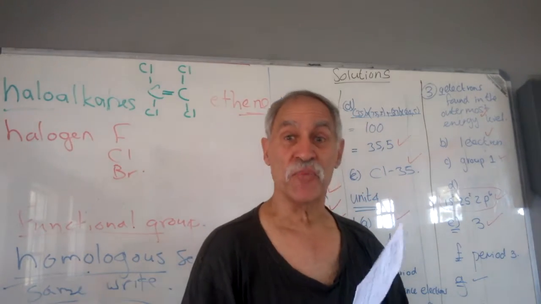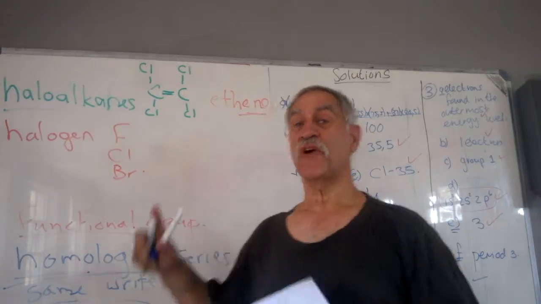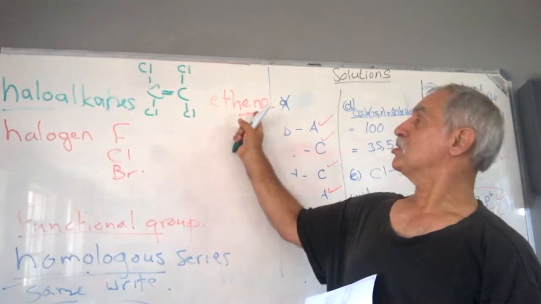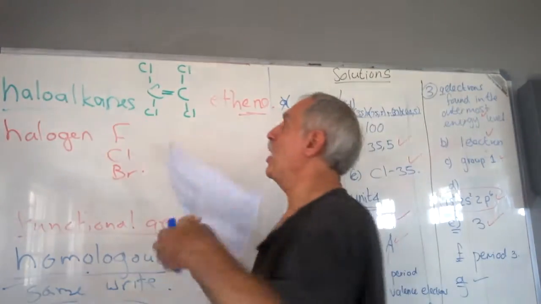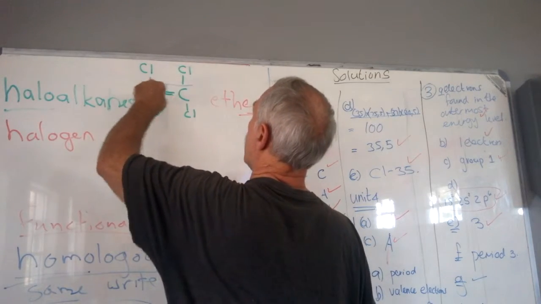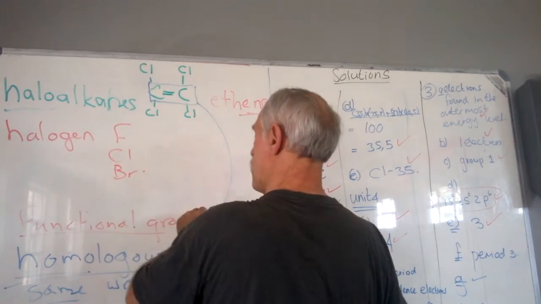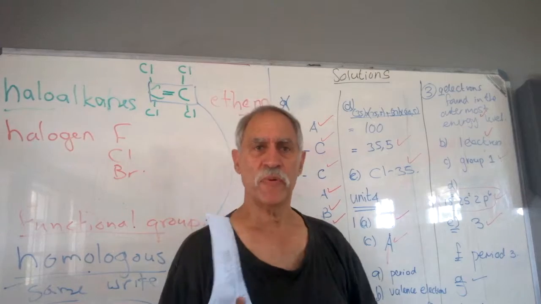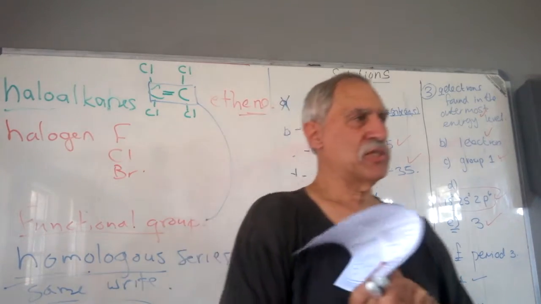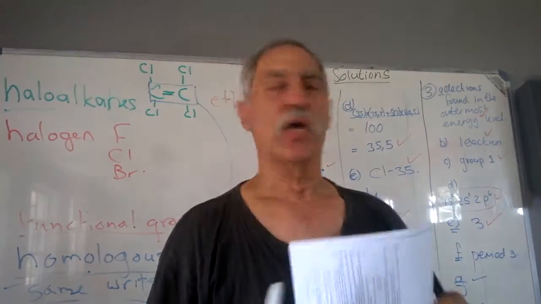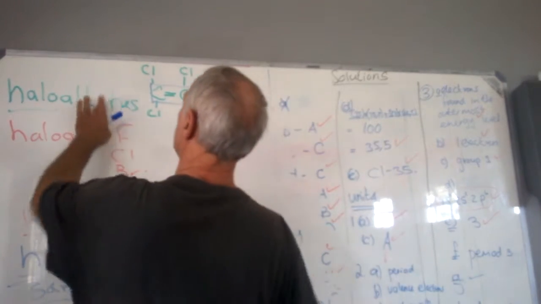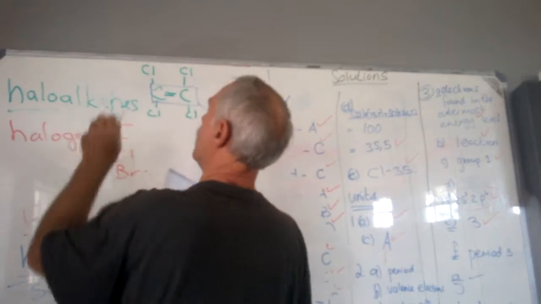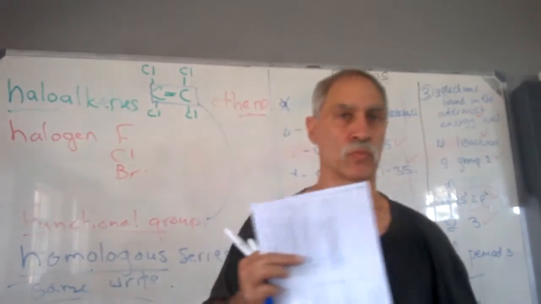Have we lost anybody yet? So what's the functional group of the enes? What is the functional group here? The carbons with a double bond. That is the functional group. All happy? Now this is where it gets a little bit more complicated. The haloalkanes, or haloalkenes in this case, have got 2 functional groups.